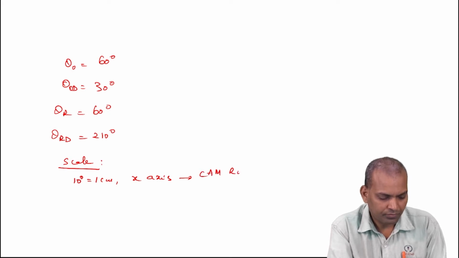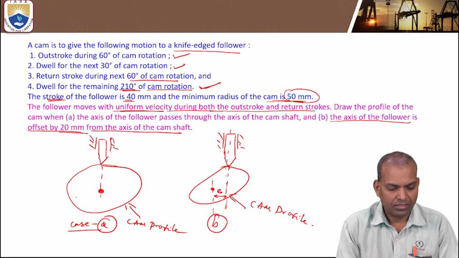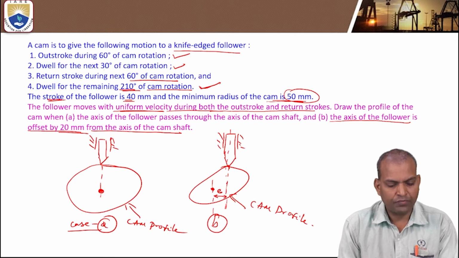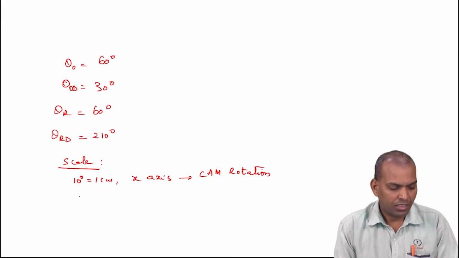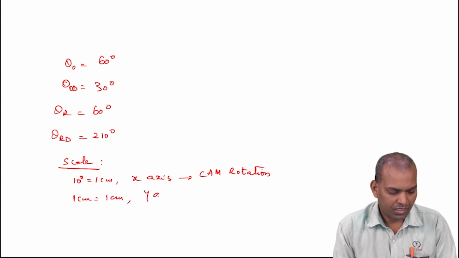And the y-axis represents the lift of the follower. The stroke of the follower is 40 millimeters, so we consider the scale 1 centimeter equal to 1 centimeter on the y-axis.